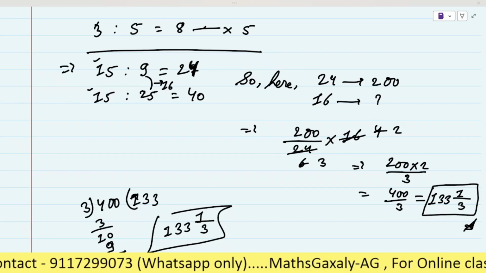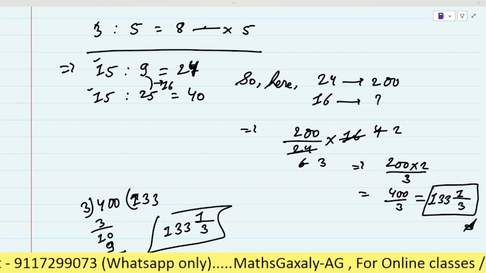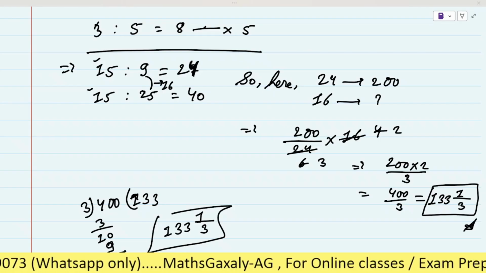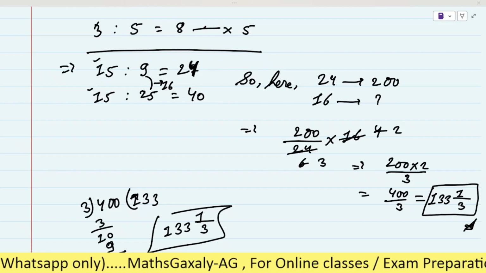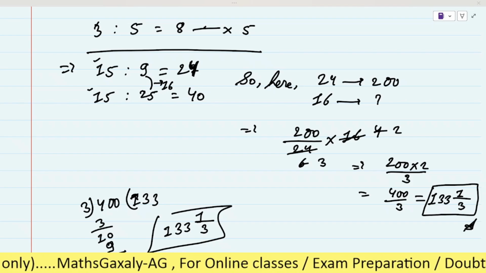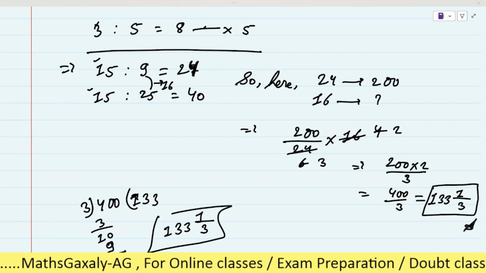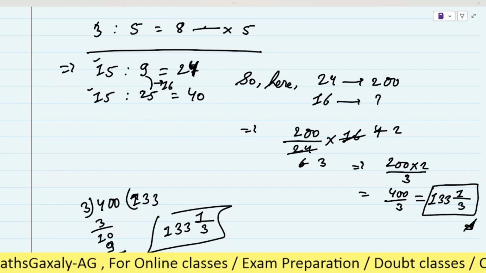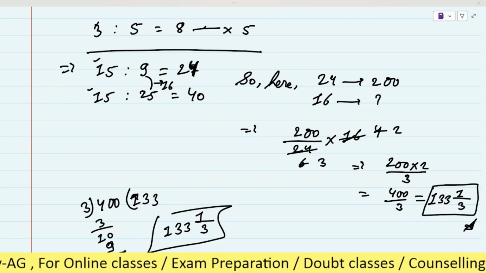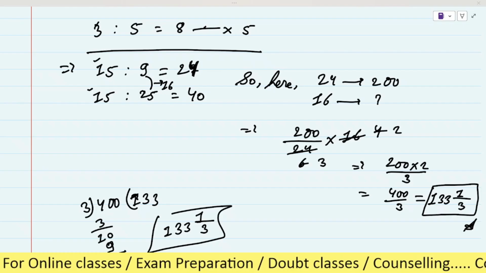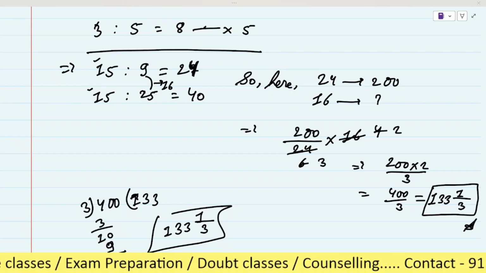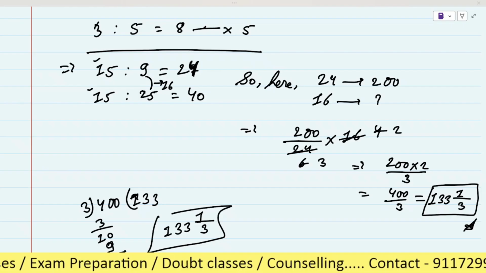Sir, what is allegation? What is allegation? What you want to understand, the meaning of allegation or the formula based on it? The meaning. Mainly the meaning of allegation is the amount of substance which you mixed and the amount which you got as a result after mixing it.